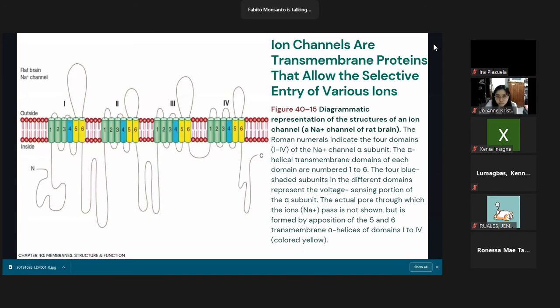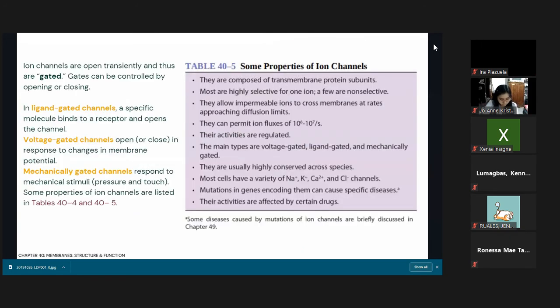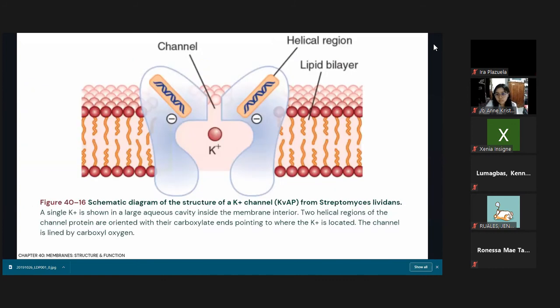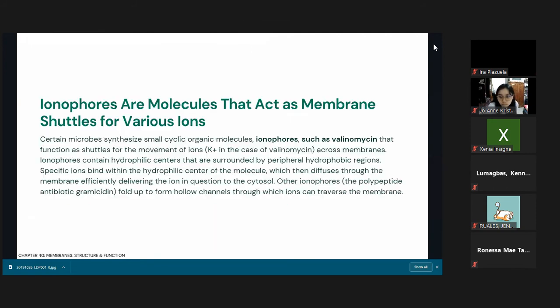Ion channel, Doc. Yes, Doc. Okay. This one. This is still ion channel. Or this one. Still another ion channel. Yes, Doc. Tapos na po ito. Ionophores. Done na rin, Doc. Yes, Doc. Done na po.